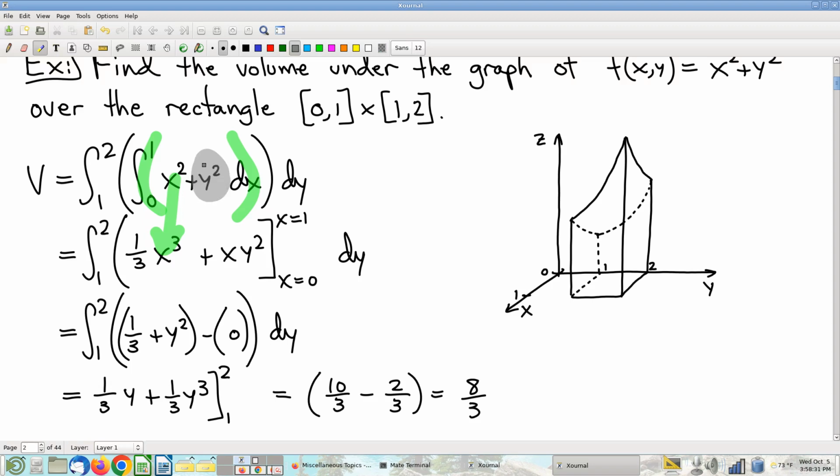If you're not actively thinking about the fact that y is the outside variable, and therefore for the inside integral it's a constant, a lot of students will write down 1/3 y cubed. That's wrong. Because as far as this dx integral is concerned, y is a constant. So y squared is a constant, and the integral of a constant is that constant times your variable x. So x y squared is the antiderivative here.